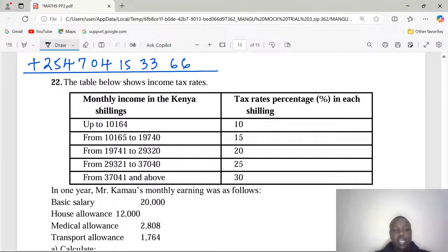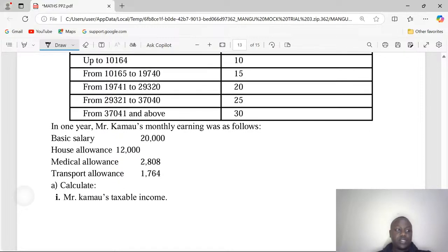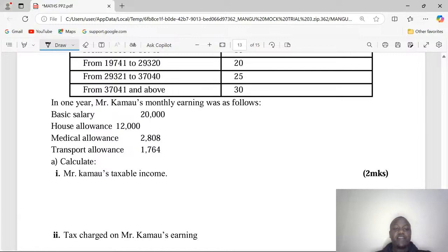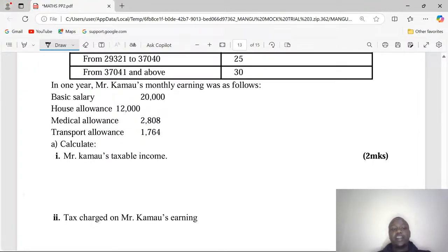Then now we are given further instructions that in 1 year, Mr. Kamau's monthly earnings was as follows: basic salary 20,000, house allowance 12,000, medical allowance 2,808, transport allowance 1,764.